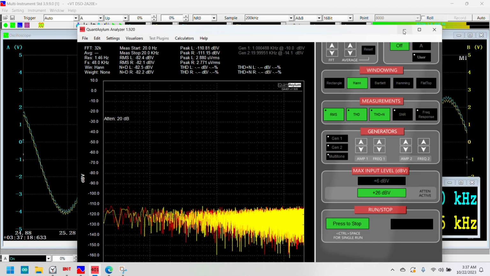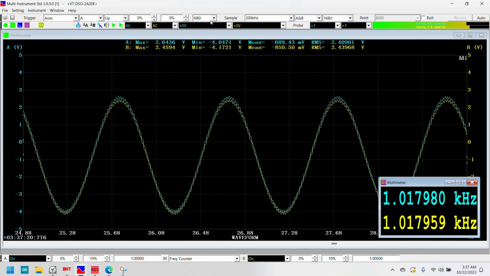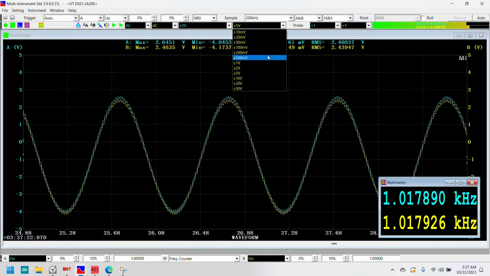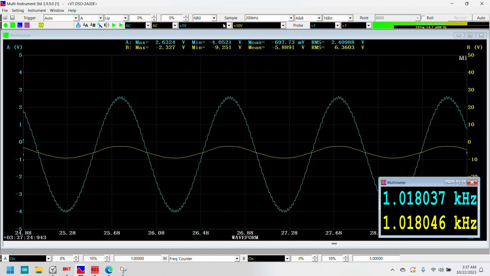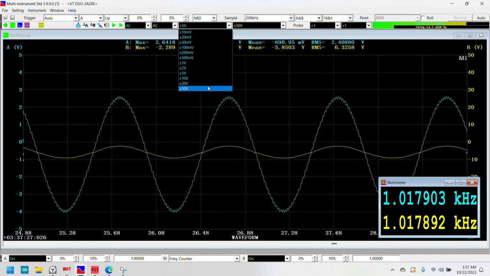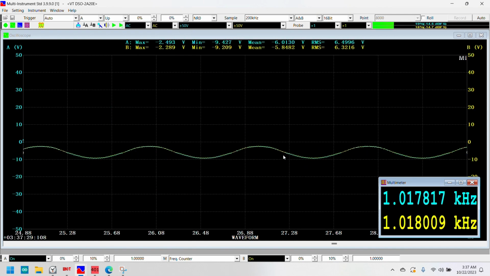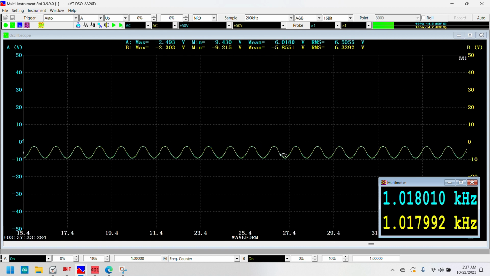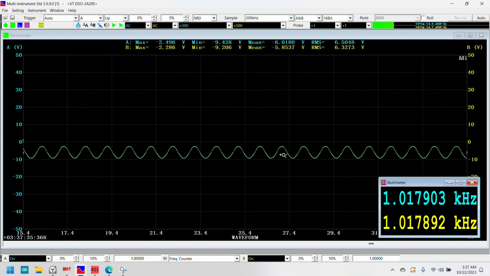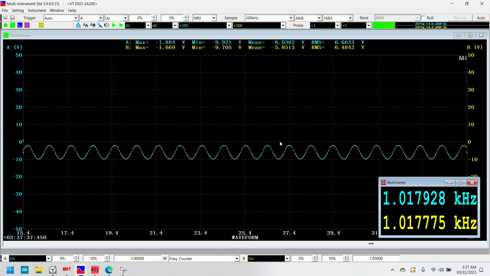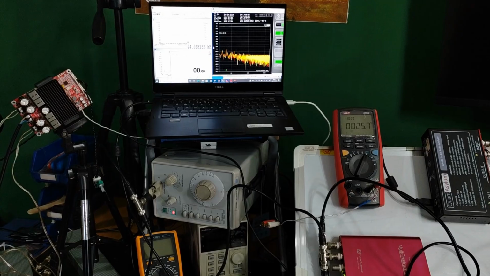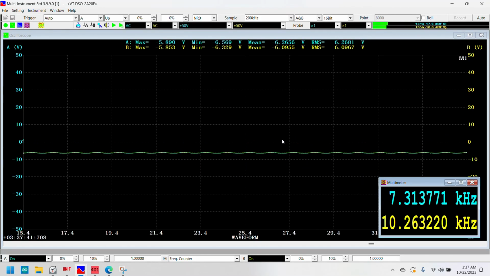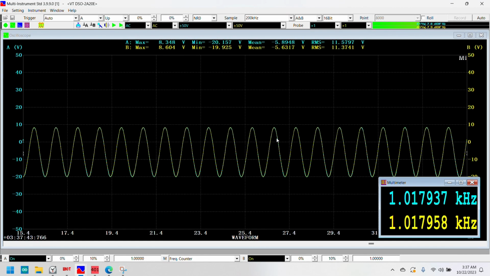So I can just put this one to minimum and change the volt per division on the oscilloscope to 50. The same on the left channel, we got 50. So there you go. And what I can do is crank the input signal right now. And let's see the input signal or the output signal. Okay, let me maximize.